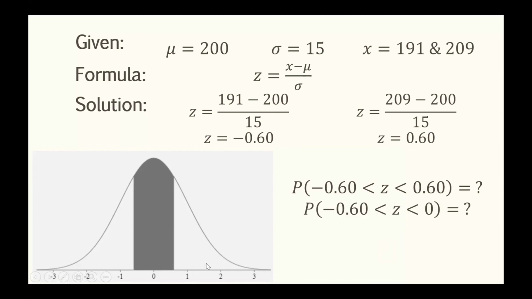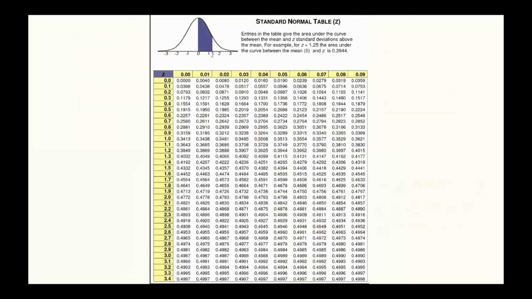But before that, let us first get the probability from negative 0.60 to 0 or to the mean, and the probability from 0 to 0.60. So, using the standard normal table for z, pareho lang naman yung z-score, yung isa negative 0.60 at yung isa 0.60. So, just omit the negative sign. So, pareho lang naman, we have 0.60. So, the area, that is 0.2257.